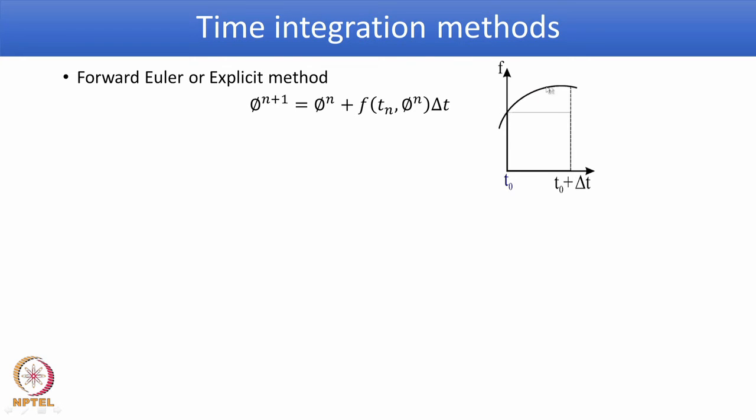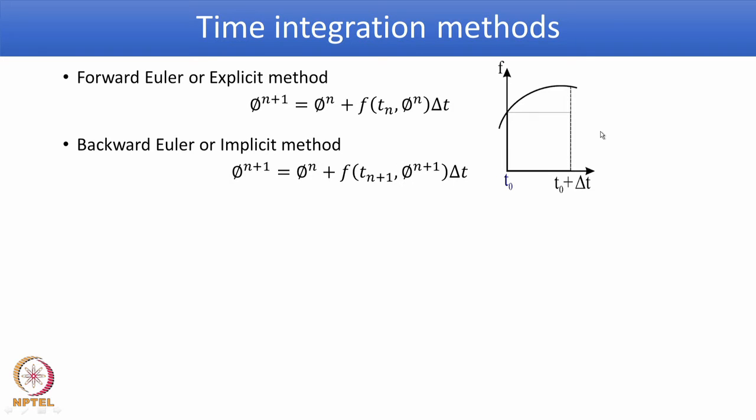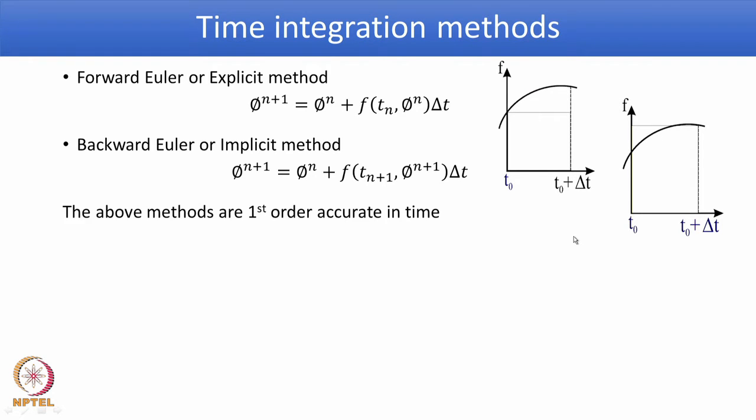This curve represents the function variation. And there is backward Euler or implicit method, which takes the value at the function itself, and that is shown graphically here. So, the t0 plus delta t value is used at n plus 1 value also.